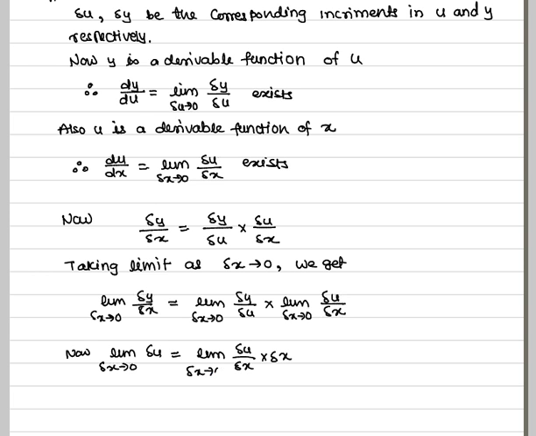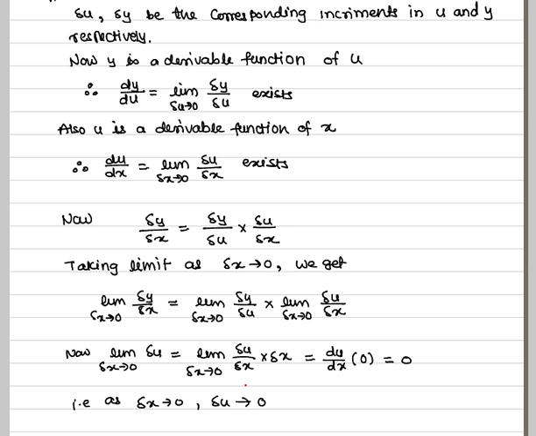This limit comes to be du by dx into the limit of delta x as delta x tends to 0, which is 0. That is, as delta x tends to 0, delta u also tends to 0.